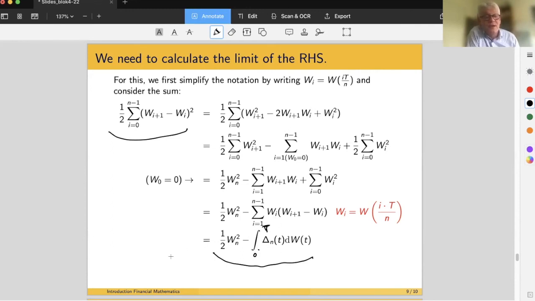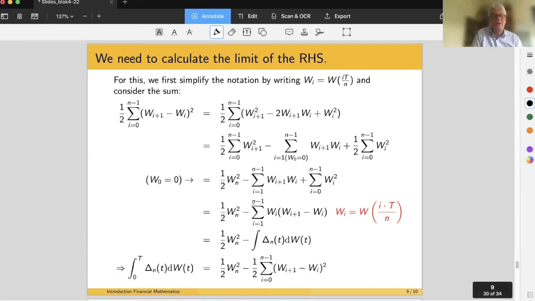If we take this to the left-hand side, this to the right-hand side, then we find the description for our approximation of the integral. The integral from 0 to t of delta n t dw_t, that is in fact 1/2 w_n squared minus 1/2 the sum, i runs from 0 to n minus 1, of (w_{i+1} minus w_i) squared.